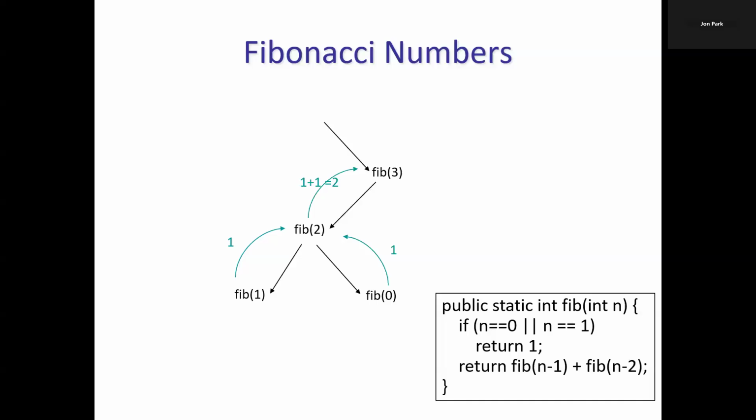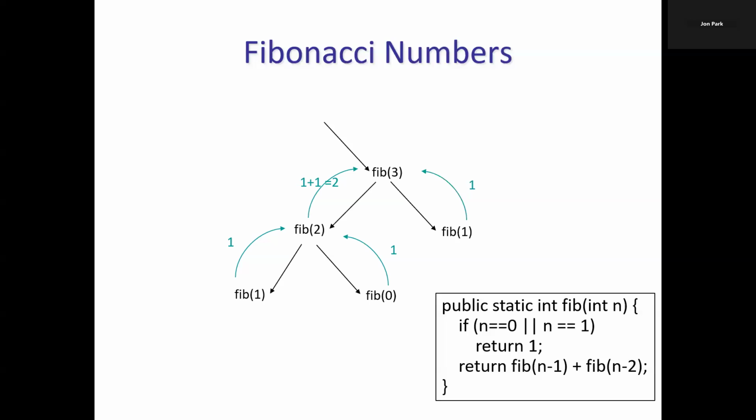From the initial call to fib, where we pass in 3, we just finished this and figured out this is 2. Now we have to get this value. 3 minus 2 is 1, so fib1. Fib1 is this case, so it returns 1 right away. From the initial call's perspective, we just got this value returned, and this as well.